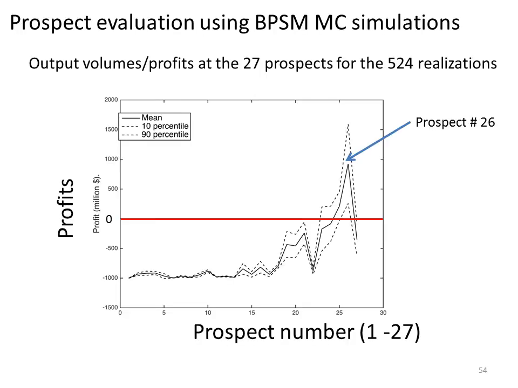And so first, let's look at the value before we have the information, the prior value. So these are the output volumes or the profits at the 27 prospects from the different Monte Carlo runs. And here we have the prospect number 1 to 27, and then the value, mean, as well as the percentiles.